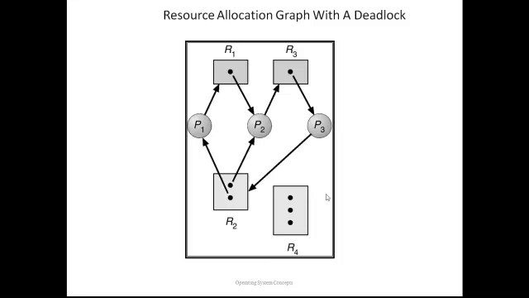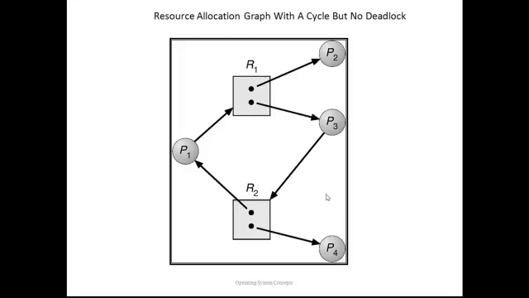But in the previous case, some instances of resources were not allocated to the processes requiring them, so deadlock arises. So here, even if a cycle is there, all processes have the resources as per their requirement, so no deadlock arises.